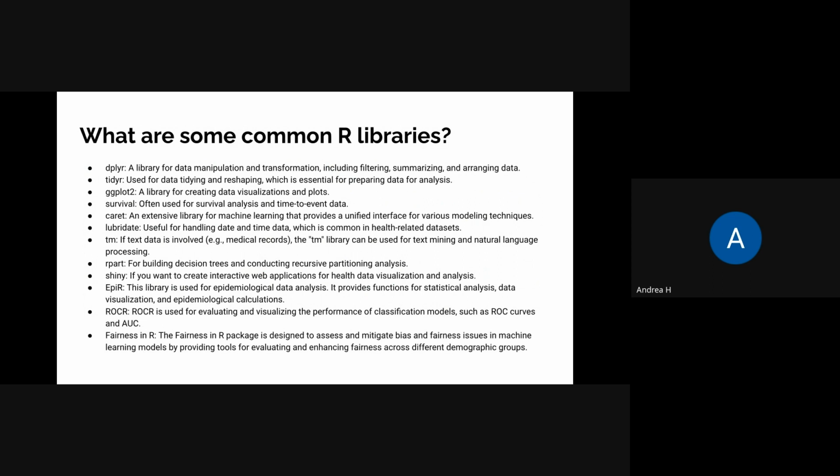I've used caret, and here's some others: lubridate, rpart, and Shiny, which I mentioned before. Here's fairness in R, which I learned about recently, to help mitigate algorithmic bias in machine learning models using R. I know some healthcare data scientists are using it for that reason. So I just thought I'd give you a list of R packages that you could use.